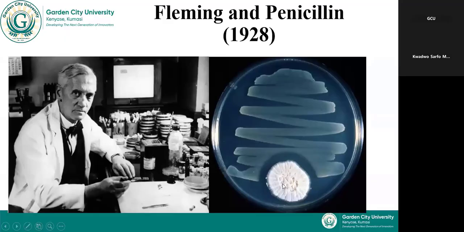So it made them suspect that there could be some chemicals or compounds within this mold that is preventing the bacteria, Staphylococcus, from growing. So they later identified this mold as penicillium. That's why they named the compound they extracted from this that was able to kill or inhibit the growth of the Staphylococcus as penicillin.